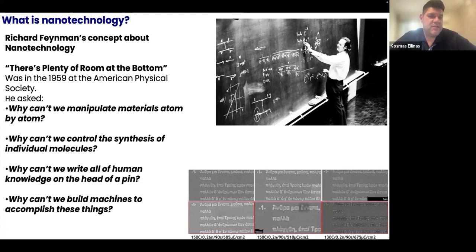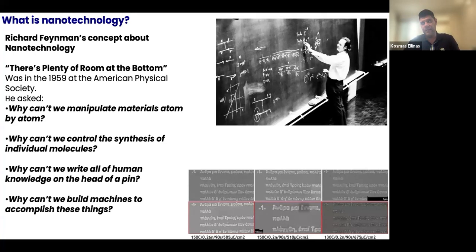had in his talk in 1959 at the American Physical Society conference pointed out several things. For example, he was wondering why we cannot manipulate materials atom by atom. Why don't we control the synthesis of molecules in order to have more unique properties?